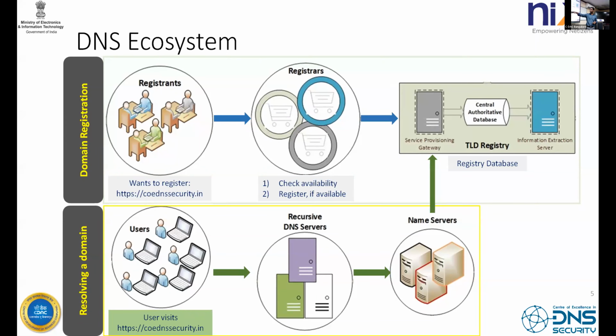If you recollect, we had registered a domain name with this database, and now we are trying to access the same domain name using the internet, right? When you try to access it, the name servers are the ones privileged to access this database and fetch the IP address for coidnssecurity.in and return it to the user, so that the user in turn can directly hit the server or machine hosting coidnssecurity.in and access the internet resource, right?